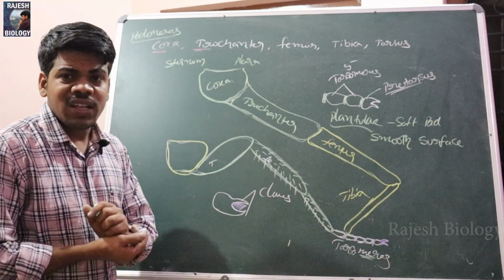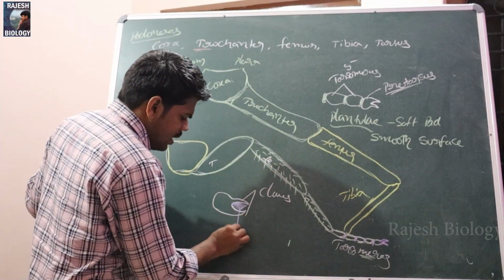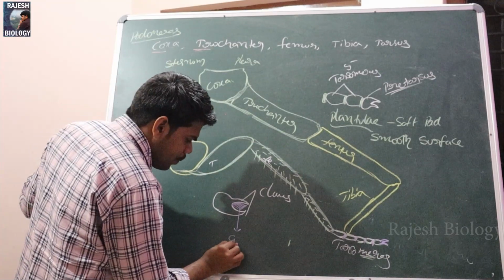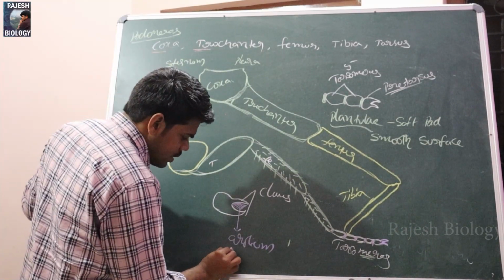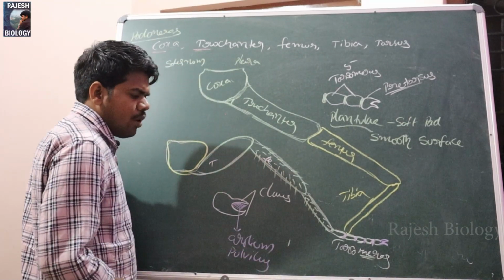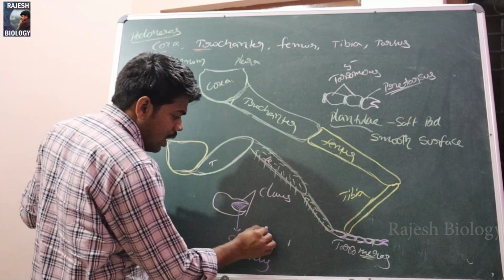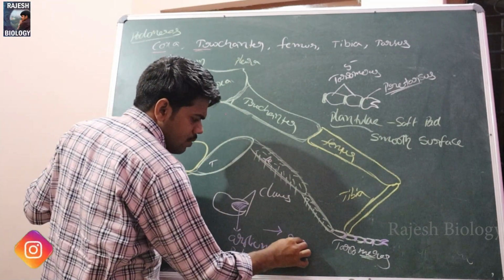Between these claws there is a spongy pad. This spongy pad is called arolium or pulvillus, which helps in walking on rough surfaces.